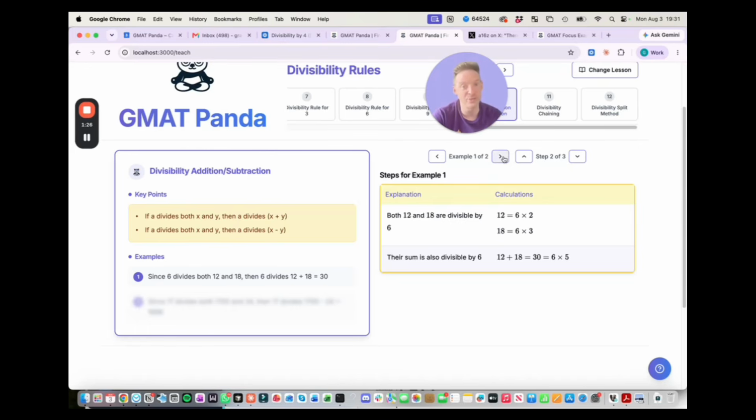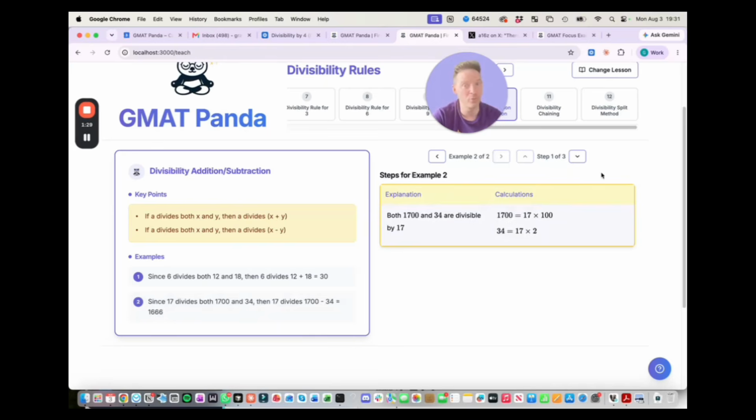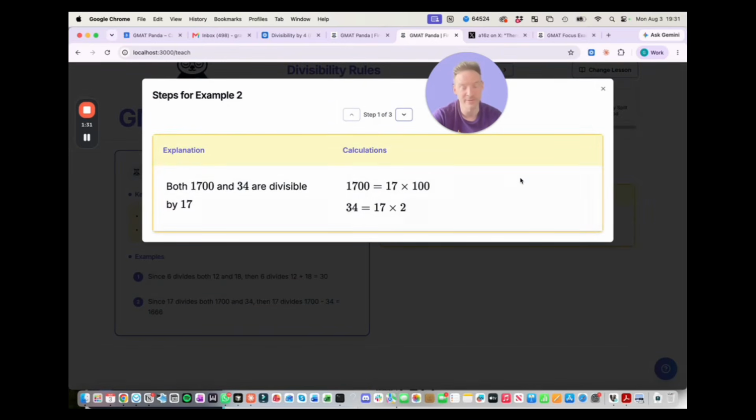Well, where this trick comes into play is usually for more complex numbers, right? So let's say that we've got a question where we're talking about divisibility by 17. Right? And we know, for example, that 1,700 is divisible by 17 because it's just 17 times 100. 34 is also divisible by 17 because we can write it as 17 times 2.